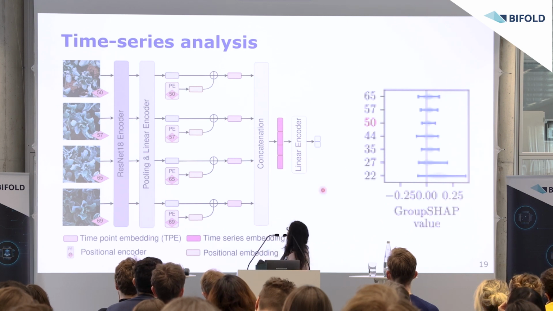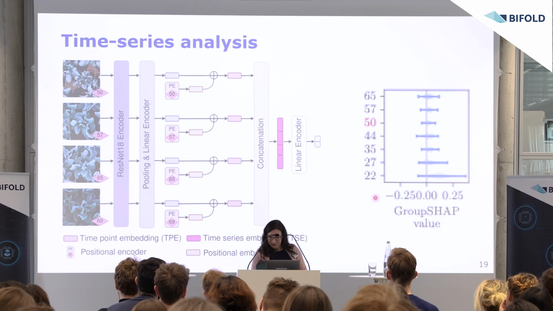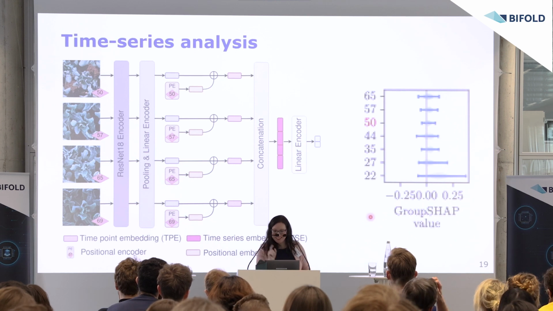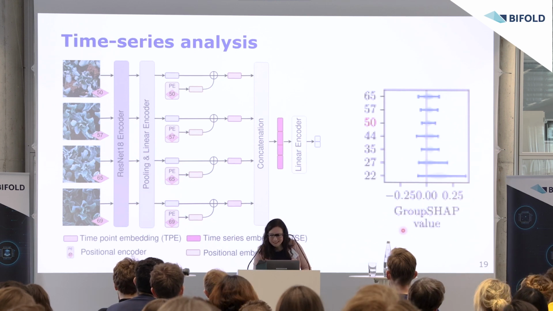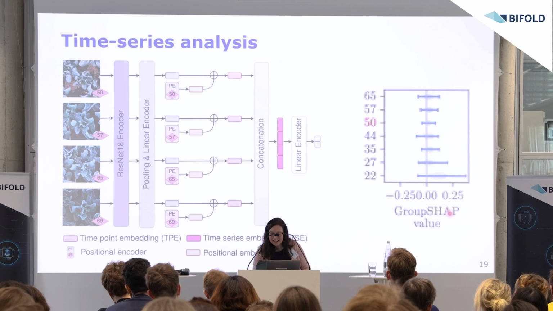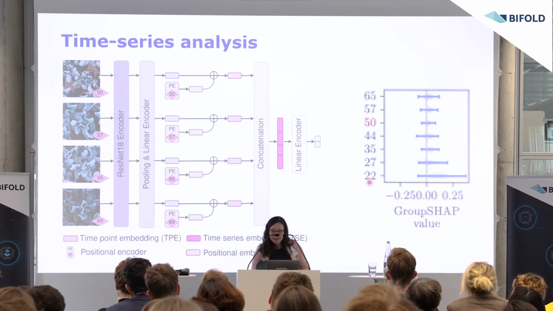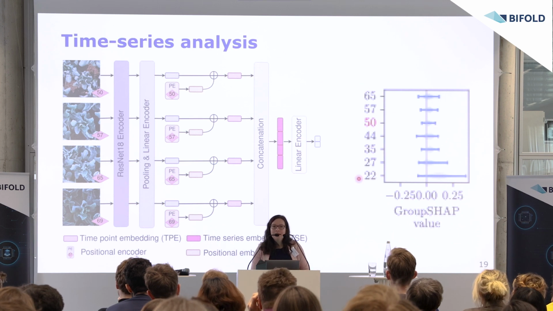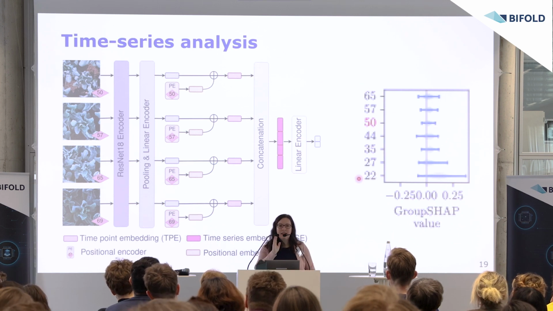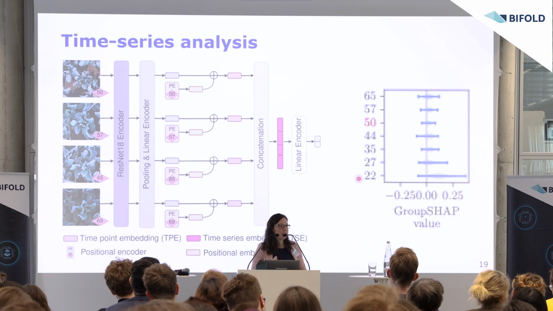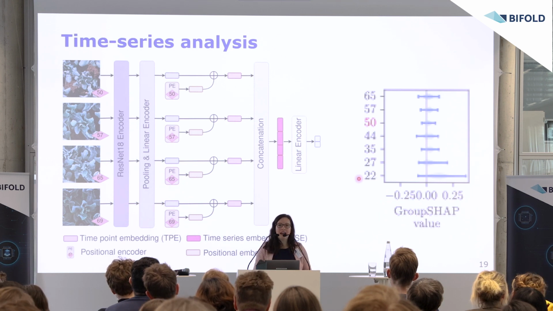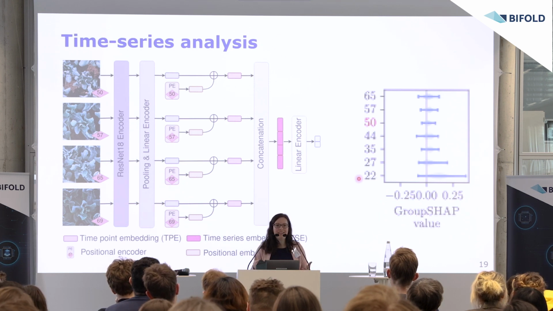I will tell you what you should see. What you can see here is actually the Shapley value and the overflight day. So what you see is the deviation from the average prediction. The average prediction of a classification task is guessing.